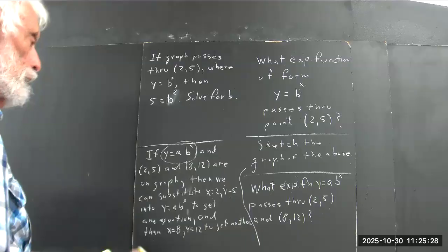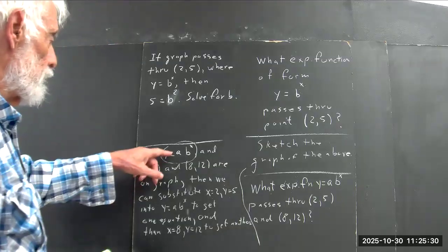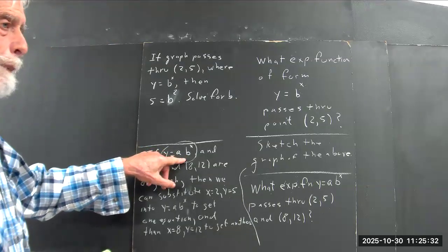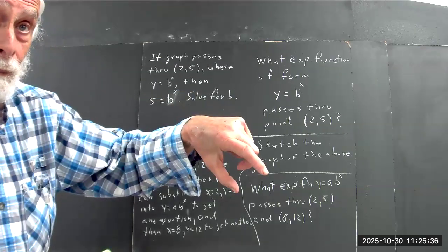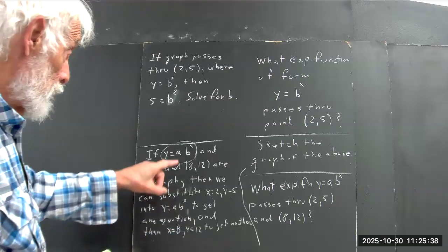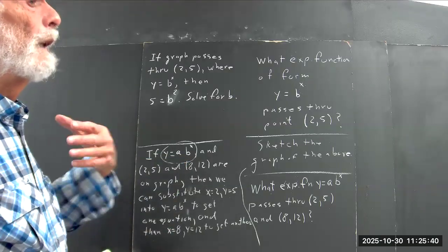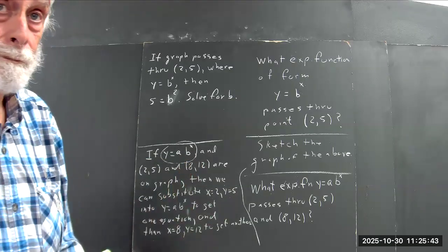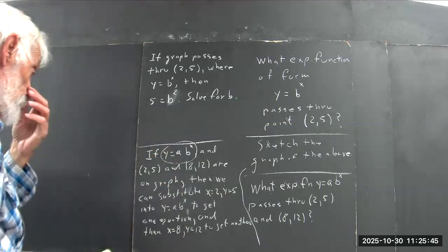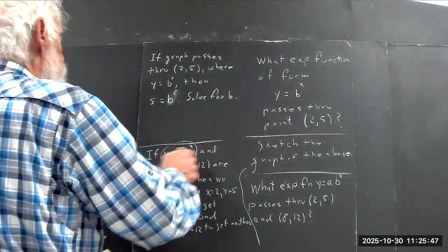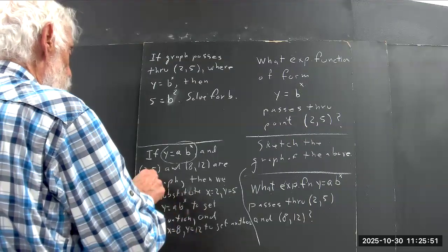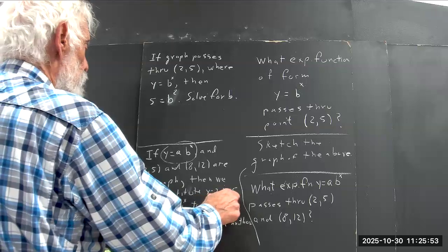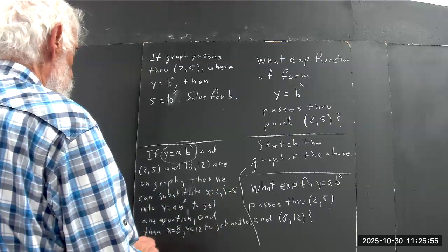Now there's a reason we need to get two equations. It's because we have two parameters here, a and b. X and y are your variables, okay? And then a and b are numbers that we've got to find so that we know what the function is. So if y equals a b to the x, we have these 2 points. Substitute x equals 2, y equals 5.